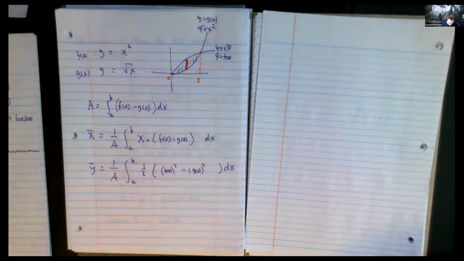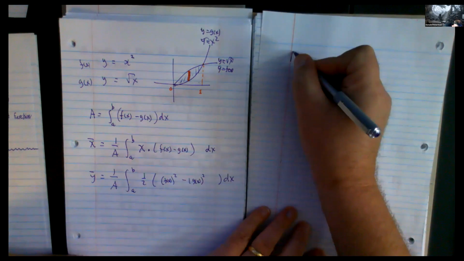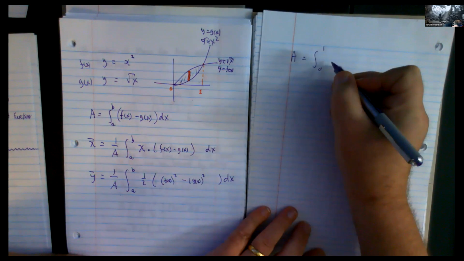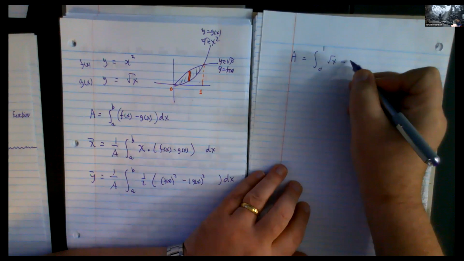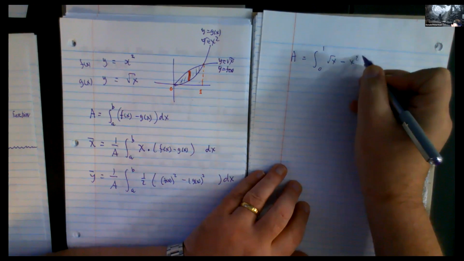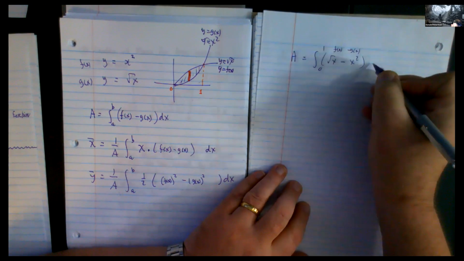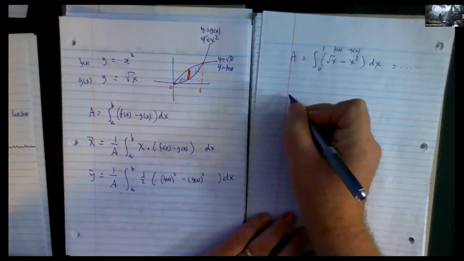So I got our little guy here set up. So the area is going to be the integral from 0 to 1 of square root of x take away x squared. It's basically f of x take away g of x, dx. And you'll get that guy, whatever it is.